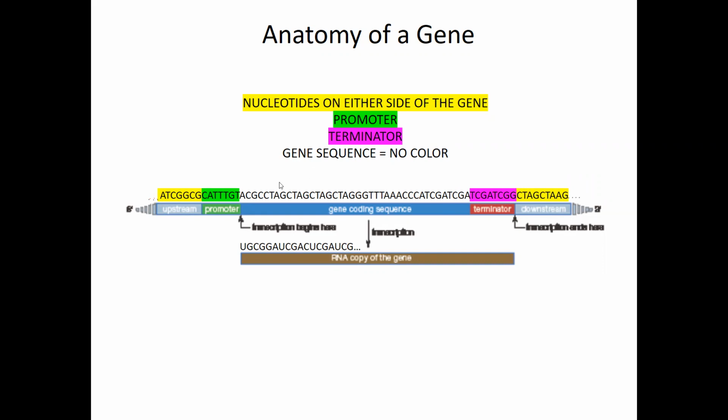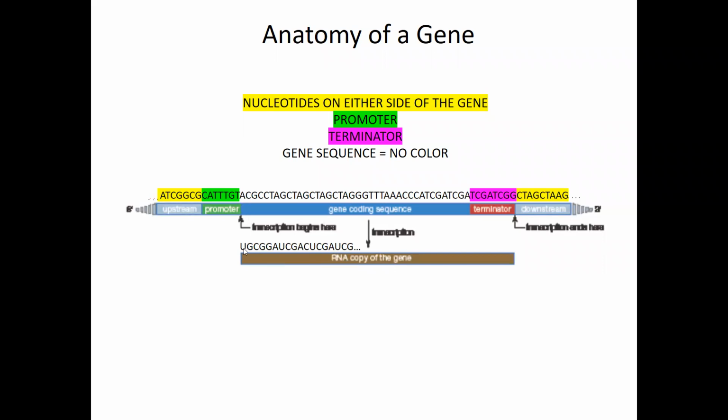The gene sequence itself has no color. So this is the actual gene sequence. That gene sequence is transcribed into a messenger RNA. So this is your messenger RNA.